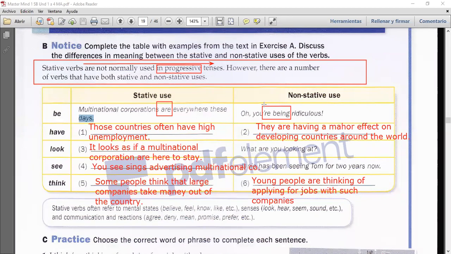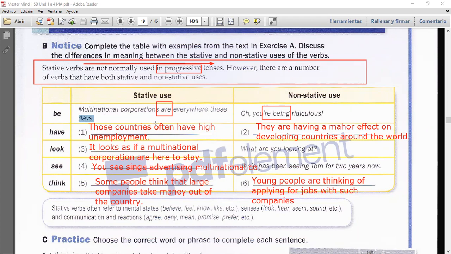In that case, we have be as a stative verb and be in a progressive form, a non-stative verb used in progressive.